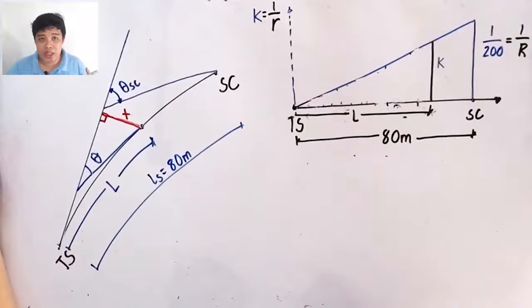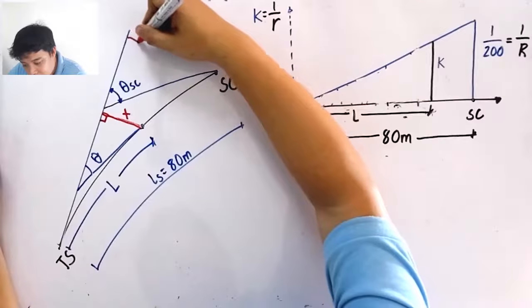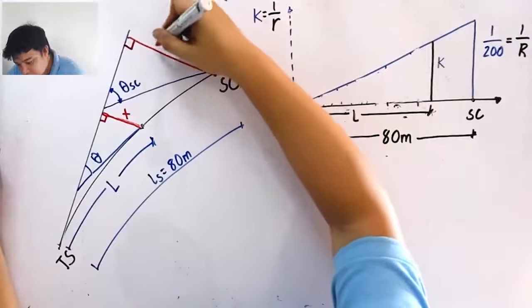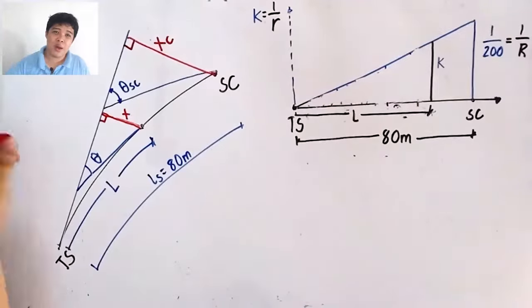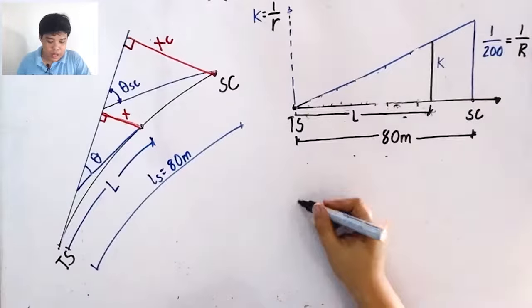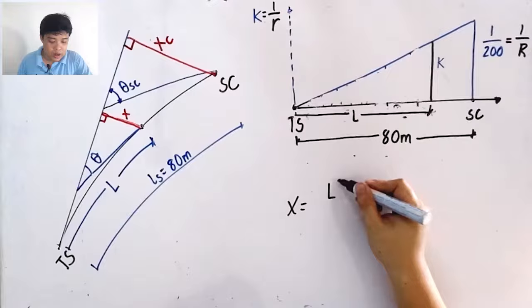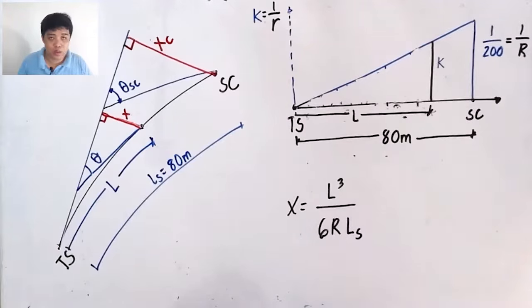And if you want to get the offset distance at SC, you will draw it like this one. This is X sub C. How are you going to get that? Actually, there is a ready-made formula for that. This is X, that is L cube over 6R times length of spiral.